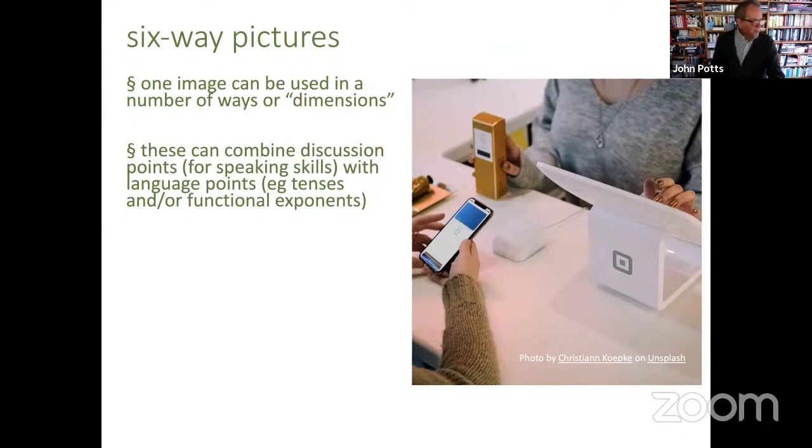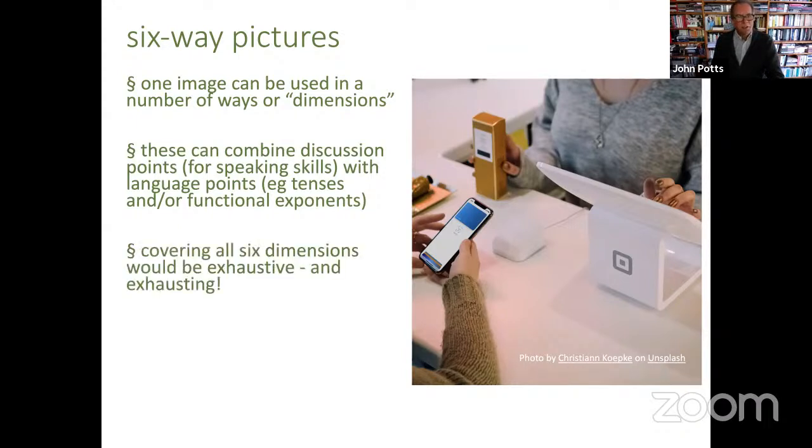And I've mentioned Six-Way Pictures. If we covered all 6 dimensions, all 6 ways, for every picture we looked at, it would be very exhaustive, in other words, very comprehensive. We'd have looked at the picture very thoroughly indeed, but it would be not only exhaustive, but exhausting. I think you'd be worn out, you'd be tired if every picture was subjected to every dimension. You'd think, oh, that's a little bit too much. So we don't want to use all 6 dimensions all the time.